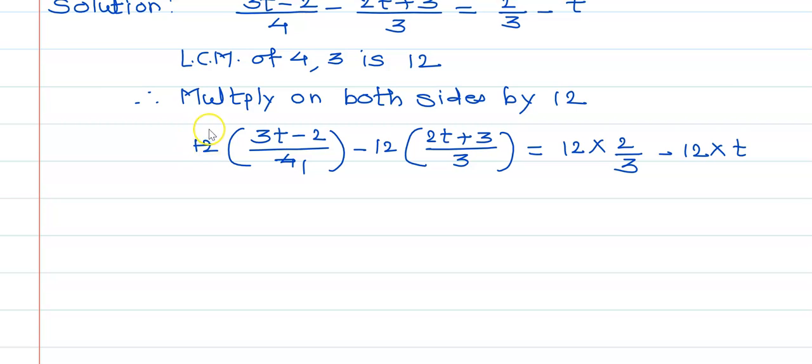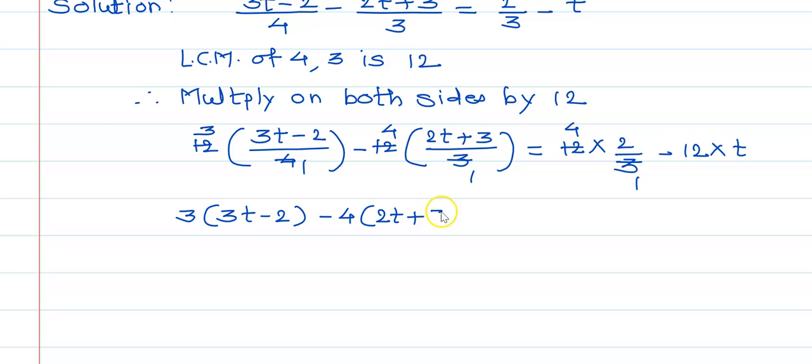Okay, now the simplification. 4 ones are 4, 3 fours are 12; 3 ones are 3, 4 threes are 12; 3 fours are 12. Now the simplification: 3 in bracket (3t minus 2) minus 4 in bracket (2t plus 3) is equal to 4 into 2, 8, minus 12t.